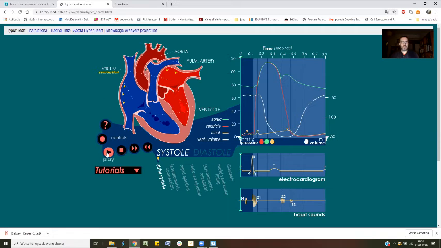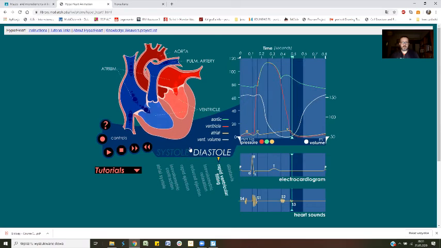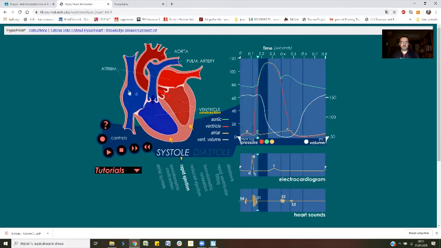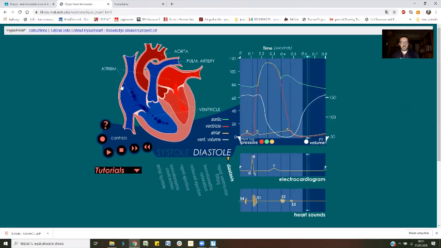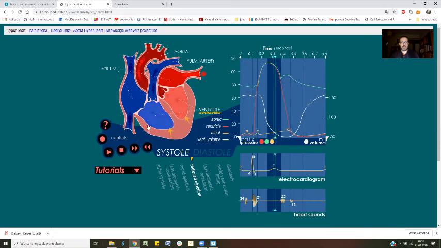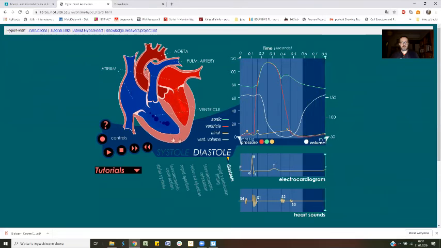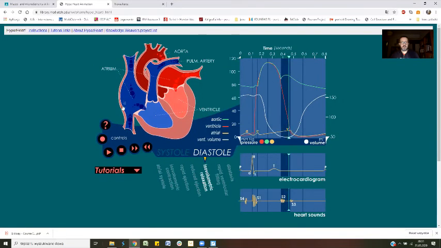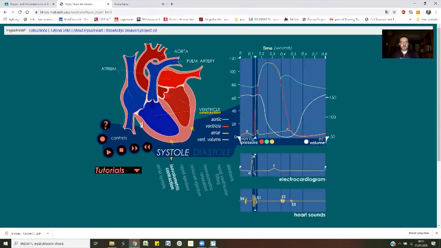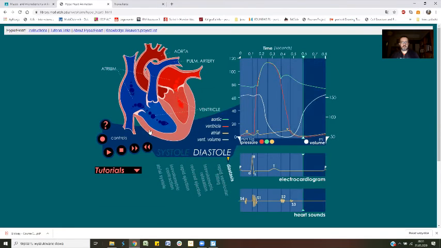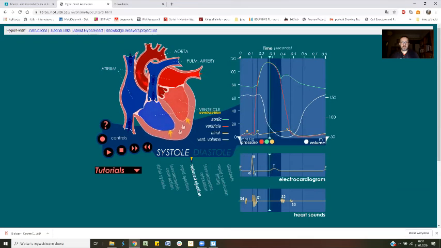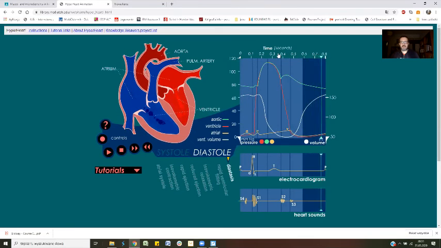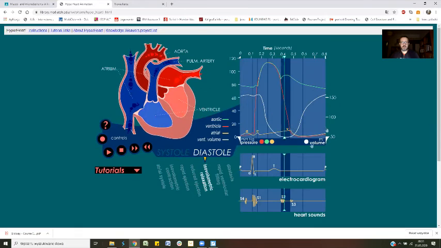You can see all the events related to the cardiac cycle. When you run this animation, you can see the contraction of atria and contraction of ventricles, so atrial systole and ventricular systole. Atrial systole is slightly faster than the ventricular systole, and you can see the changes in blood pressure in the left side of the heart.